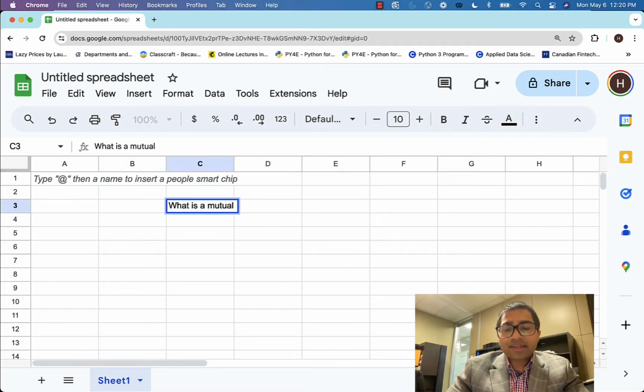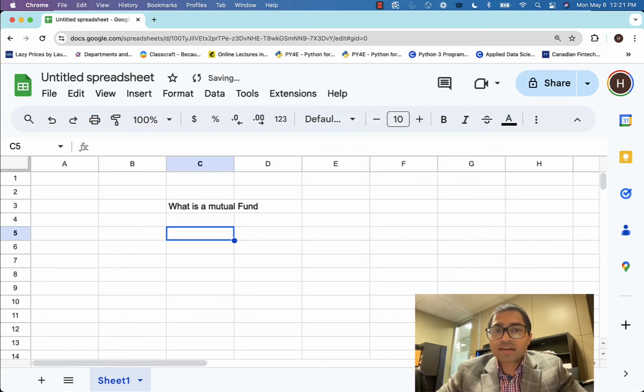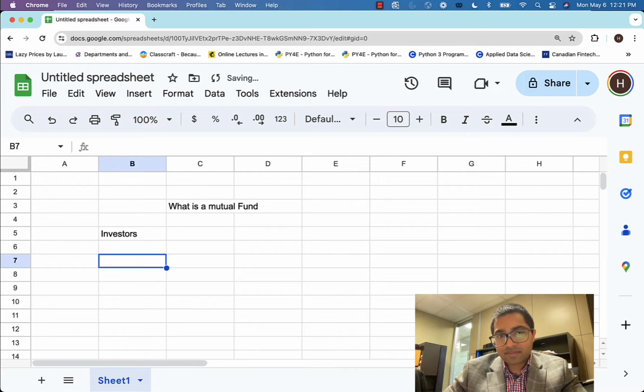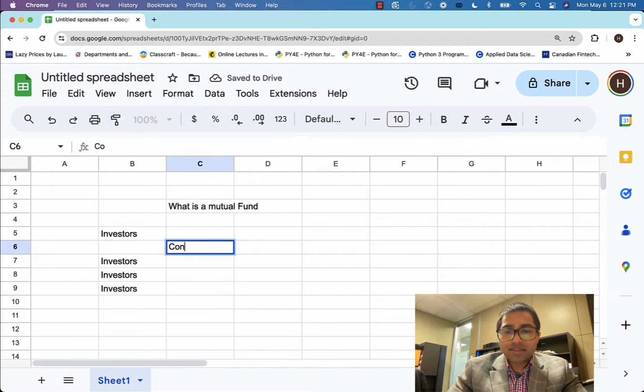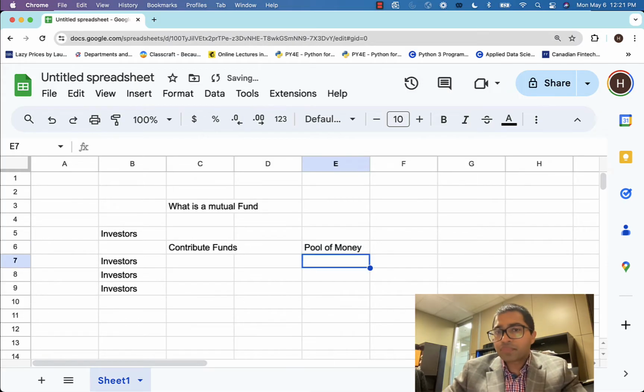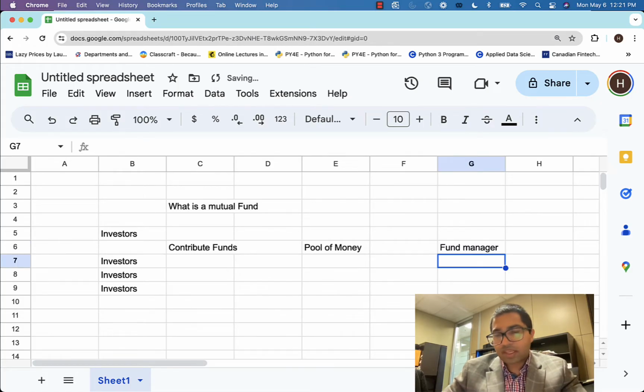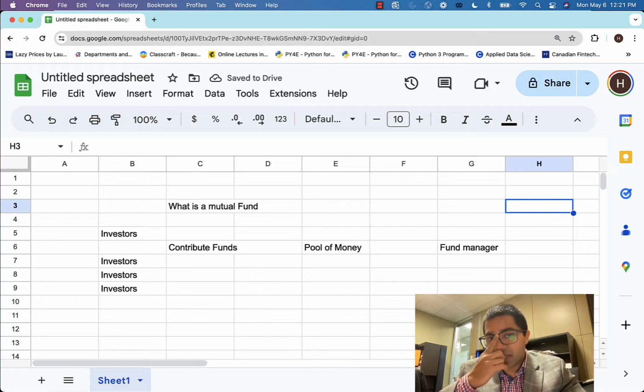We are going to talk in detail about that, but just to give you a perspective, a mutual fund is a collective investment vehicle. What does that mean? It means that numerous investors, multiple investors, contribute funds into a pool, which the fund manager invests into different investment vehicles.